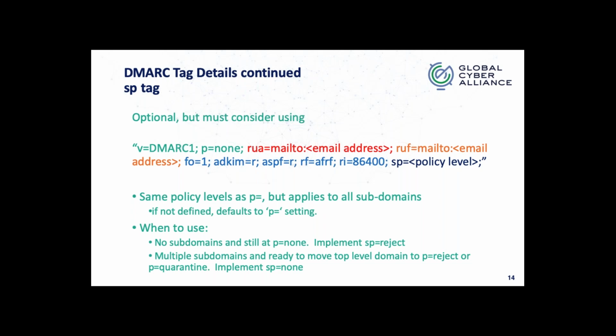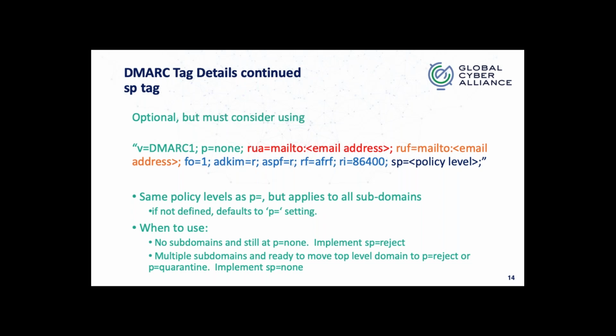So what we do to protect the subdomains is put in the tag SP equals reject, semicolon. So SP equals reject, because that way your subdomains are being protected. They're not being used for fraudulent purposes, because they're not supposed to be used for any level of email, while we're still working at P equals none for the top level domain.